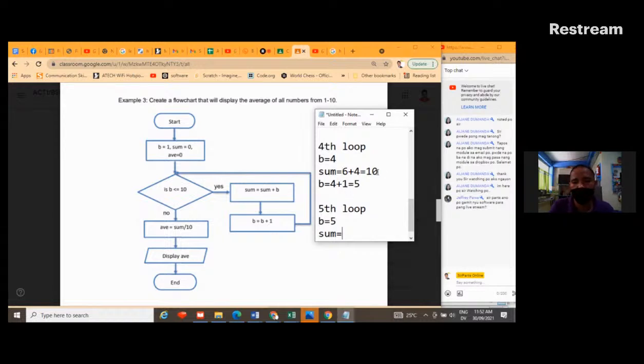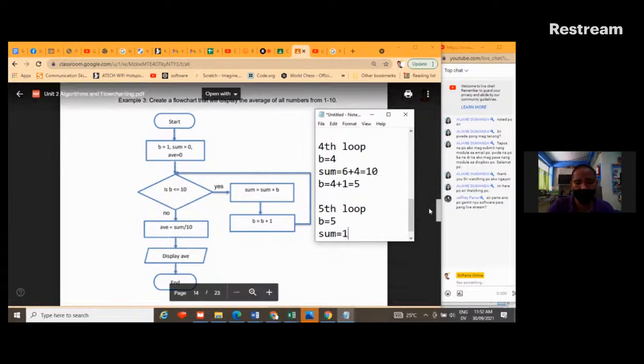We have here in the fifth loop, sum is already 10. So that's 10 plus B, which is 5. That is equal to 15. And B equals 5 plus 1, which is equal to 6.